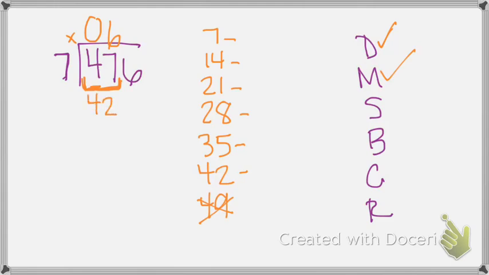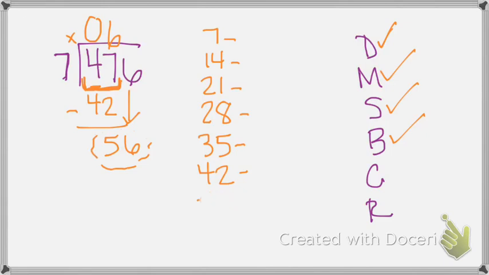And then looking at your next step, it is subtract. So I have 5 left. Now my bring down is 6. So now I have 56. If I go back over to my multiples, 49 and then 56. So that's 1, 2, 3, 4, 5, 6, 7, 8. So my divide is 8.